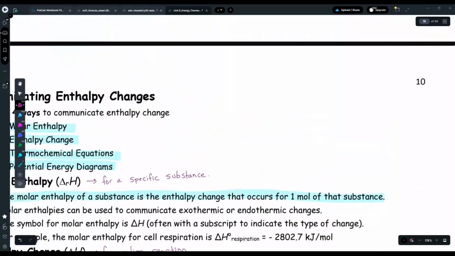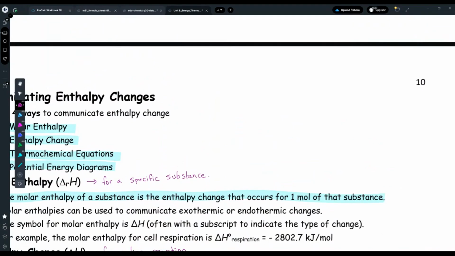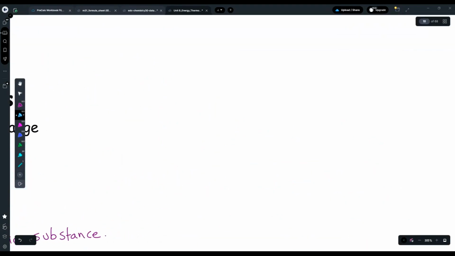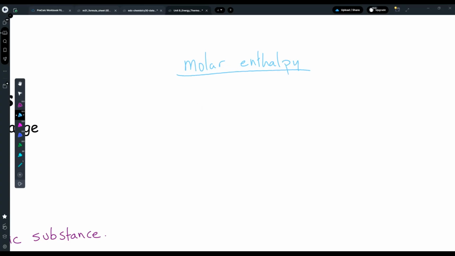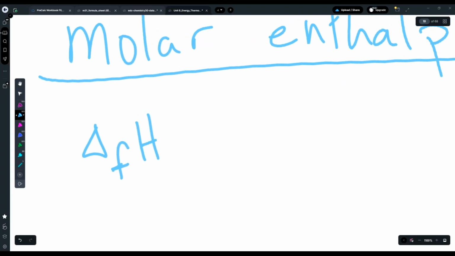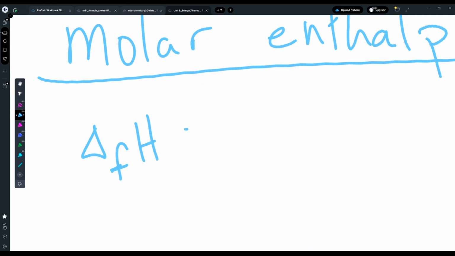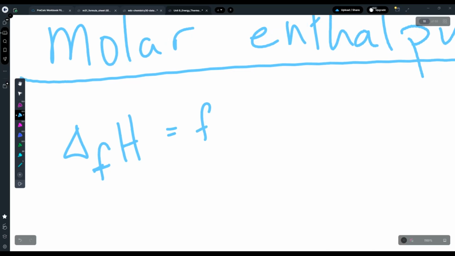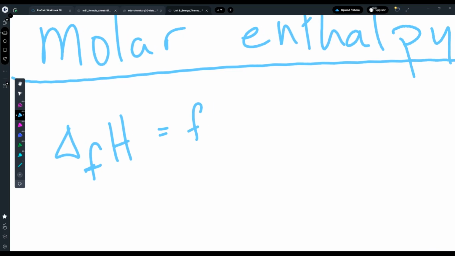Okay, so let's do this off to the side here. For molar enthalpies, here are the different types of subscripts you'd be expected to know. For the molar enthalpy of formation, that'd be delta with a subscript F and then H. F is for a formation reaction.